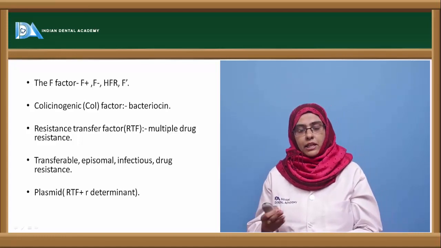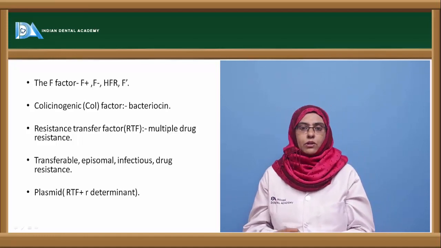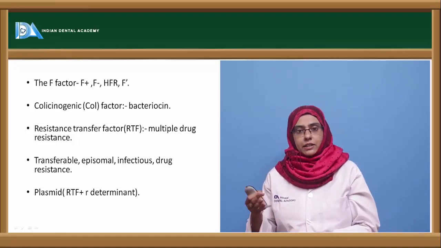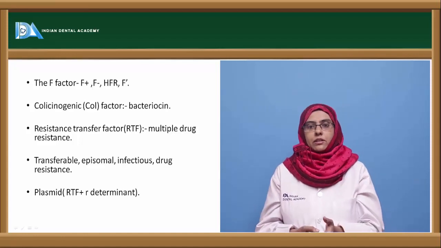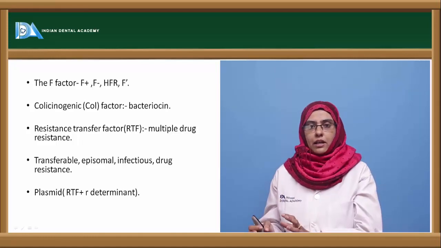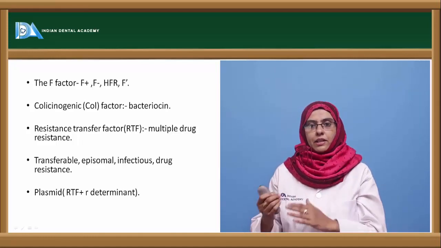Now because different types of colicin are produced not only by gram-negative organisms but also by gram-positive organisms, the name given is bacteriocins. Bacteriocins are nothing but colicins produced by different types of bacteria.